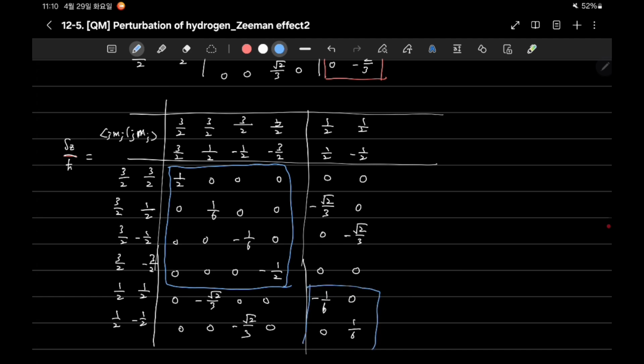Here it is the j equal to 1/2 subspace, and we are interested in these two subspaces. It is also diagonalized.